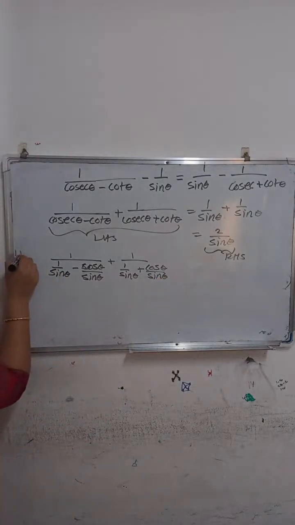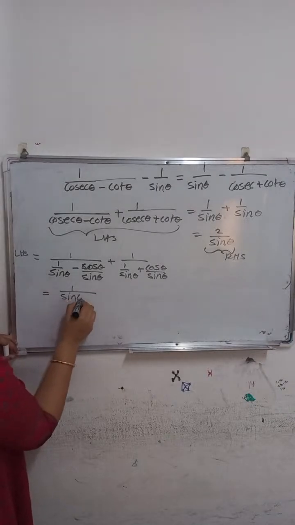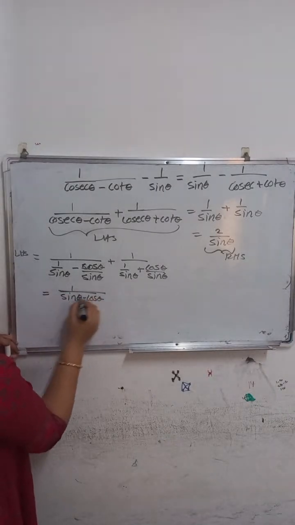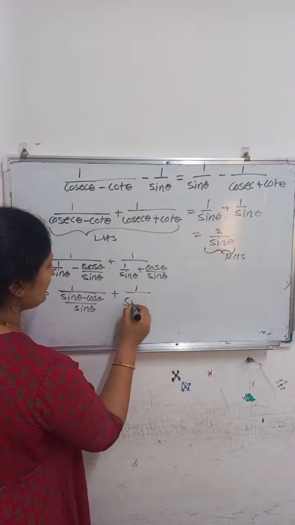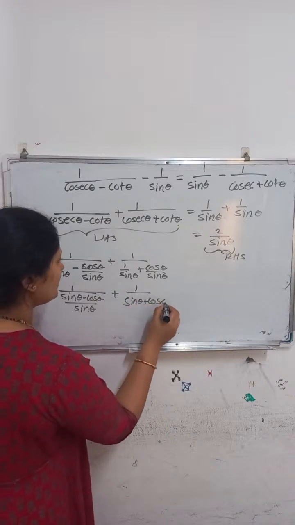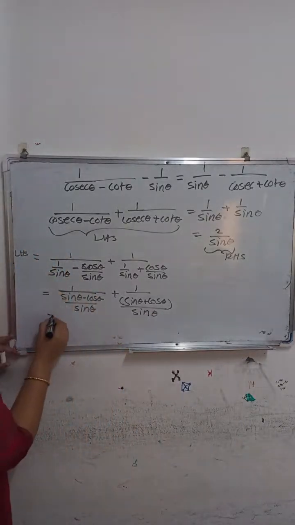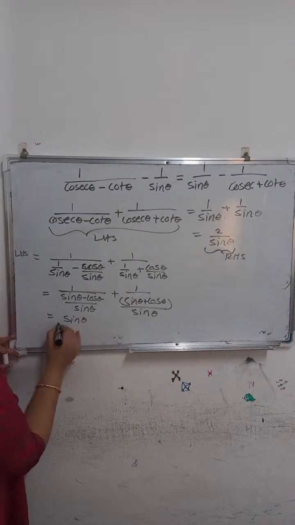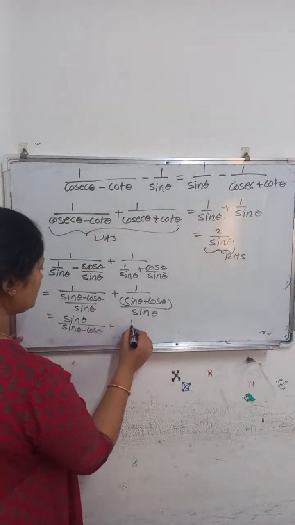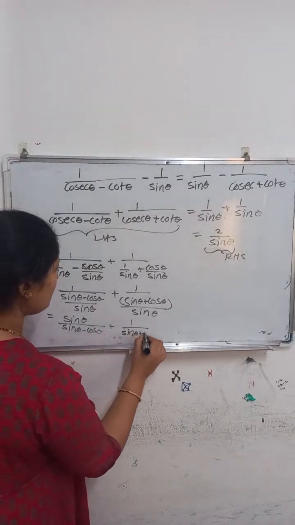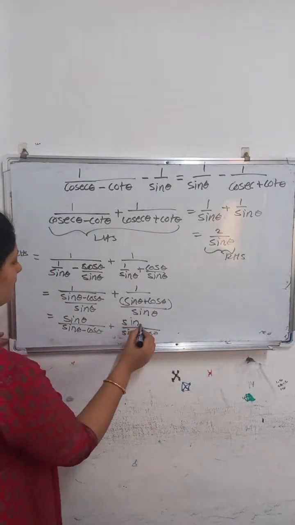This is your LHS, and try to simplify here. 1 upon sin theta minus cos theta upon sin theta, plus 1 upon sin theta plus cos theta divided by sin theta. Sin theta and sin theta go up, so sin theta upon sin theta minus cos theta plus sin theta upon sin theta plus cos theta.